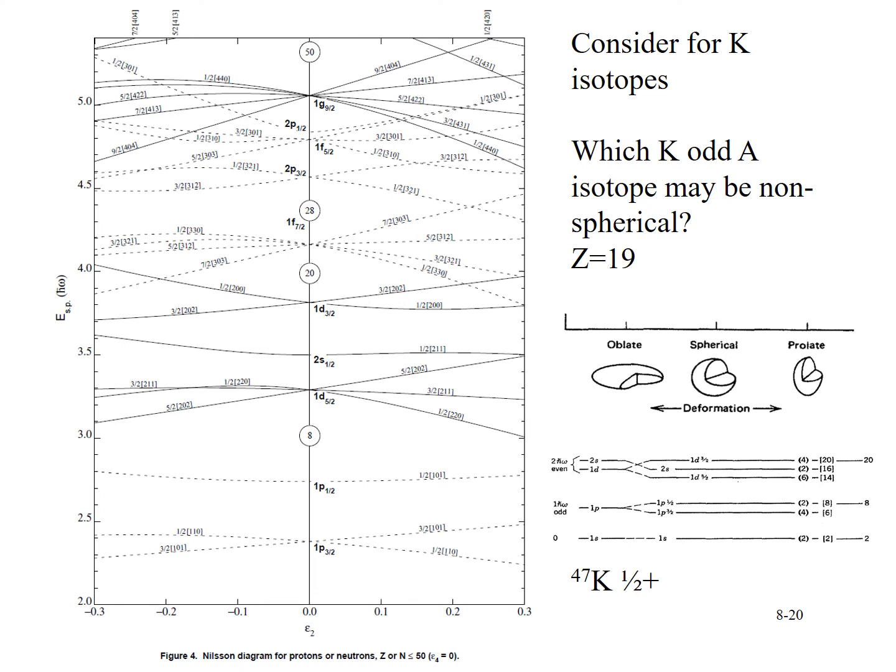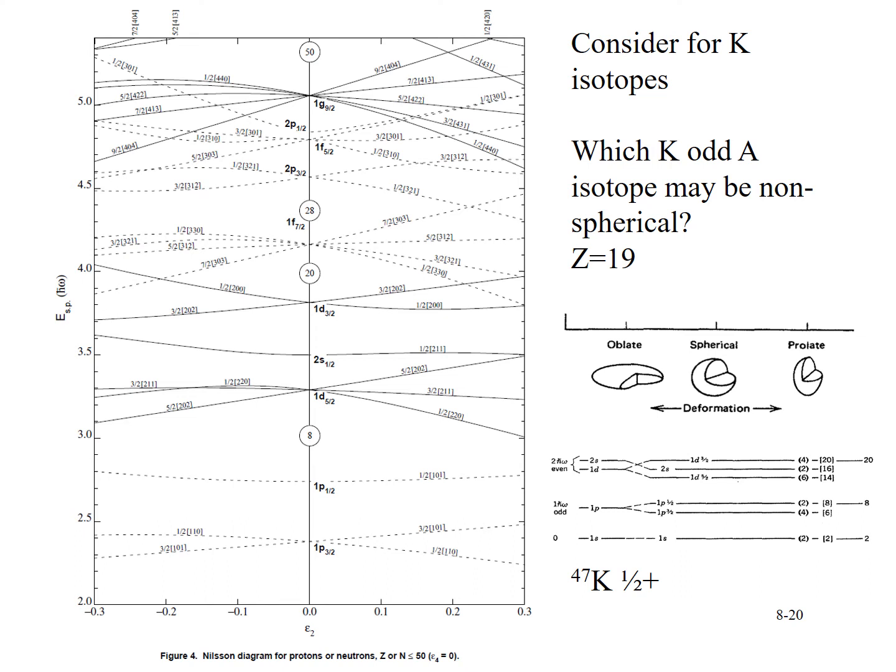We can do another example for potassium isotopes. Let's consider odd A potassium isotopes, so the unpaired nucleon is from the proton. Potassium has 19 protons. From the shell model, the 19th proton is living in this 1d 3 half state.